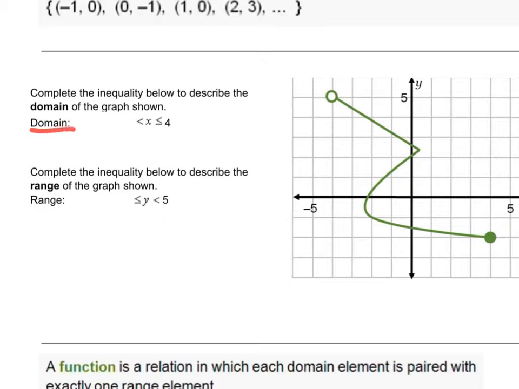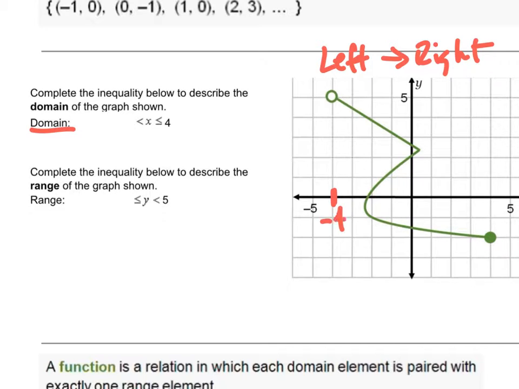So domain I'll do in red. If I go from left to right, where do I start on this graph? What value do I start at where I have x values? What's that number right there?